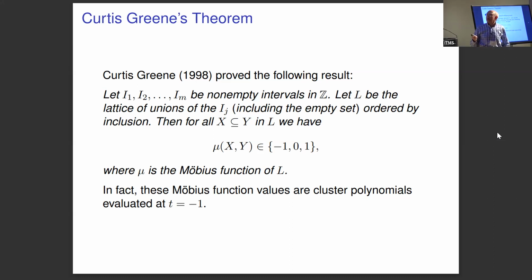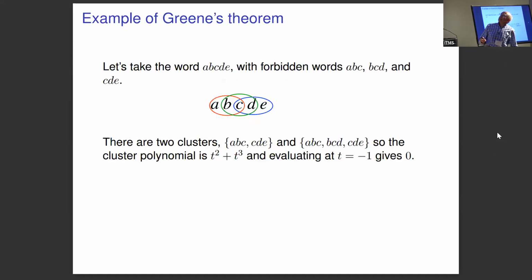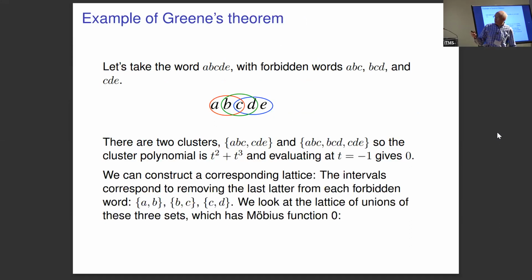So they have to be 0, 1, or -1. Let's see why that is. I'll do this by an example rather than trying to give any kind of formal proof. Let's take the word A, B, C, D, E with forbidden words A, B, C, B, C, D, and C, D, E. They're marked here, all of the forbidden subwords.